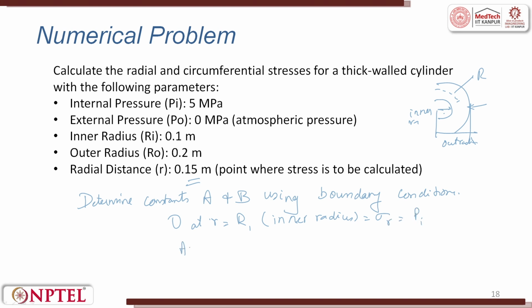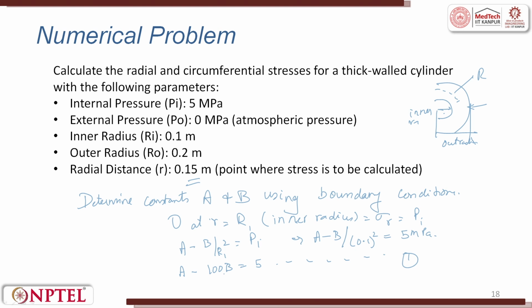So, A minus B by R1 square equal to Pi. A minus 100B is equal to 5. So, this is equation 1, and this can be written as A minus B divided by 0.1 the whole square, which is 5 megapascal.